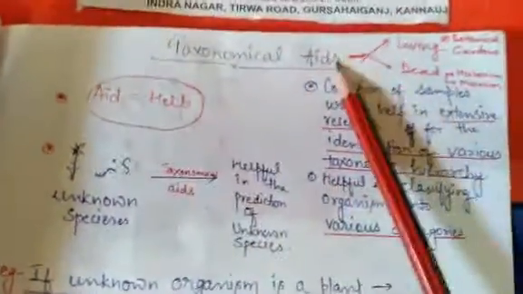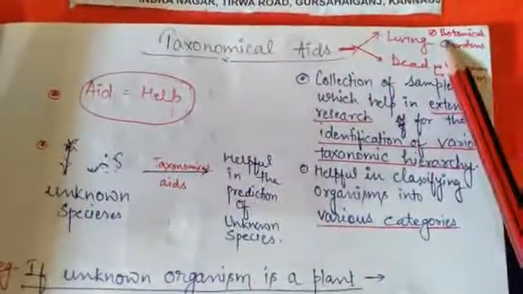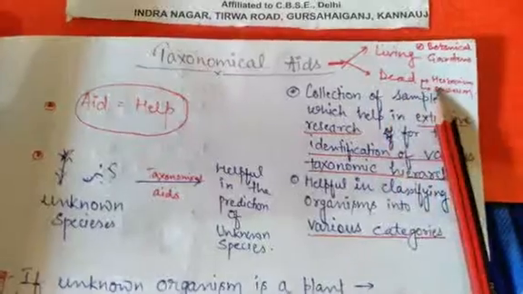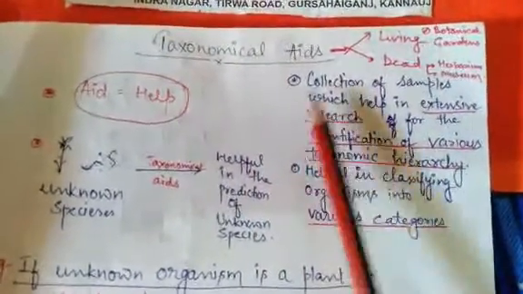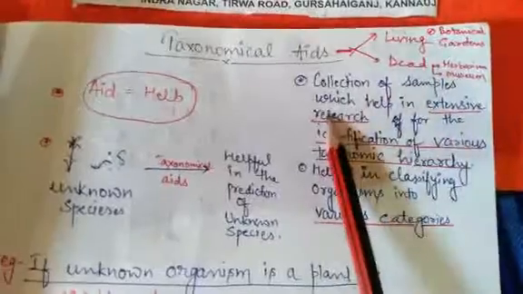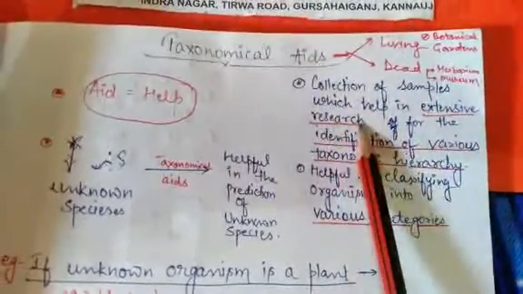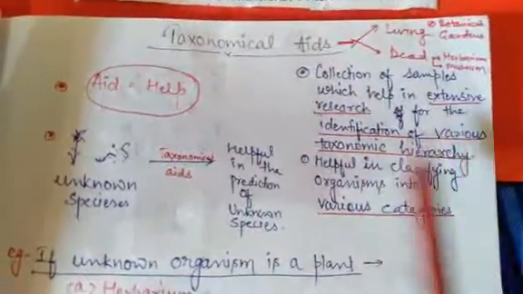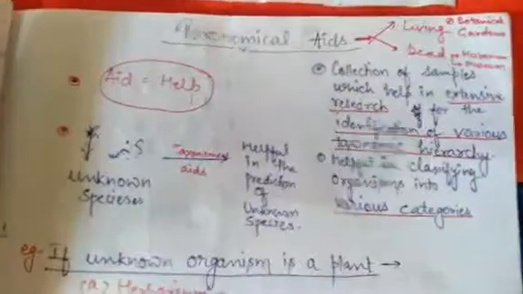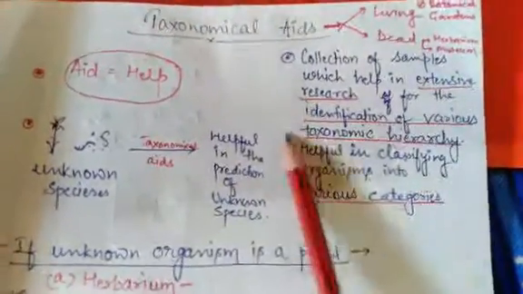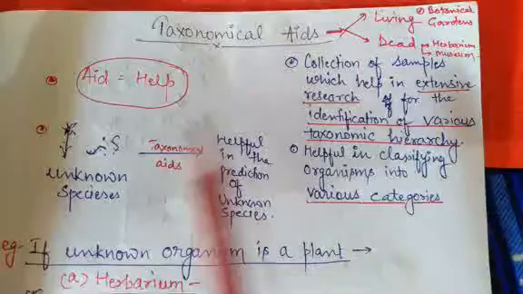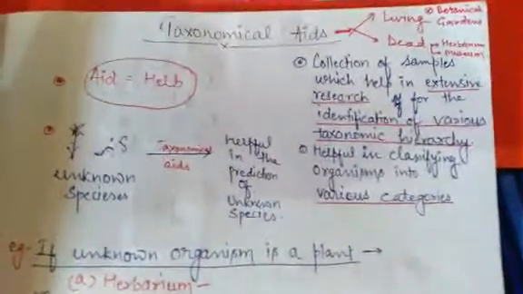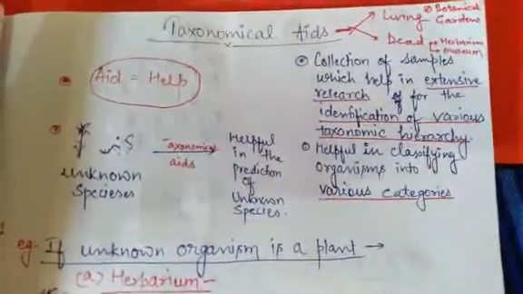This aid is either on the basis of the living organisms or on the basis of the dead organisms. So what is taxonomical aid? It is a collection of samples which help in extensive research for the identification of various taxonomical hierarchy. Taxonomical hierarchy is related to unknown species. Suppose we got one unknown species.